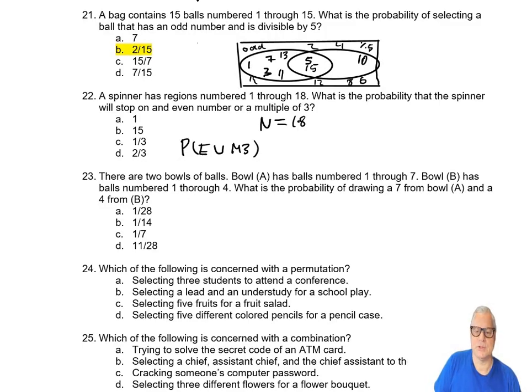Okay, so that's again mutually non-exclusive events, or not mutually exclusive. So that's the probability of even plus the probability of a multiple of 3 minus the probability of even and a multiple of 3.